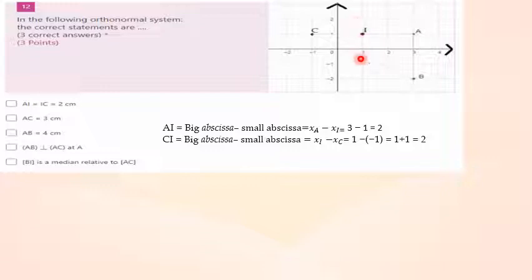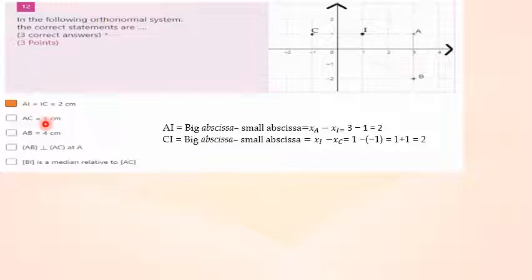It's XI, which is 1, minus X, let's see, minus 1. So 1 minus minus 1, it's the same as 1 plus 1, which is 2. Since AI equal to CI equal to 2 centimeter or unit of length, then I can say that the first statement is correct.